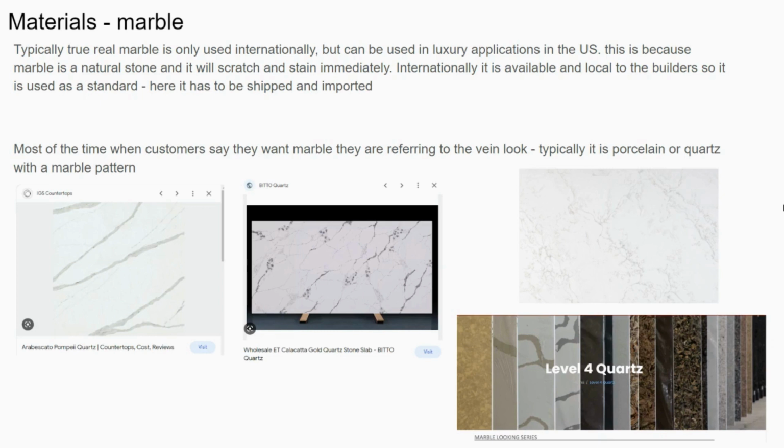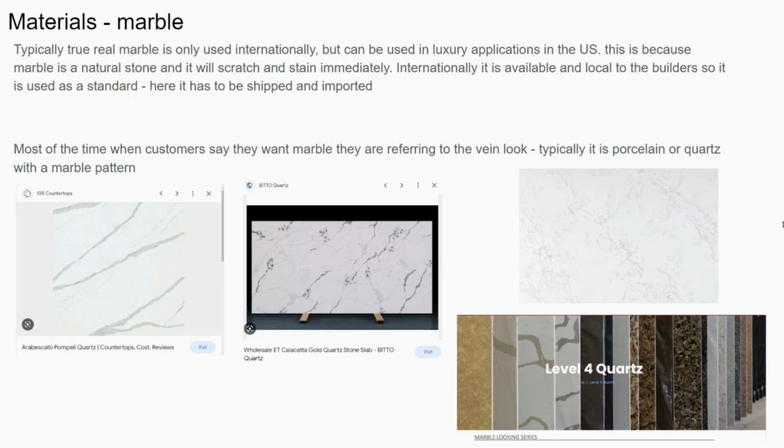They're referring to this look, the vein look. It's typically porcelain or quartz with a marble pattern. Clients really don't know or care to know all of those details, but as a designer, if they tell you I want a marble countertop or I want a marble shower, I would go to a level 4 quartz.